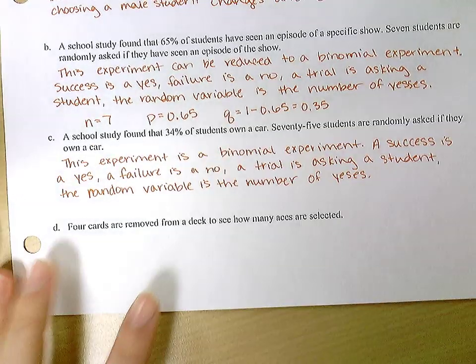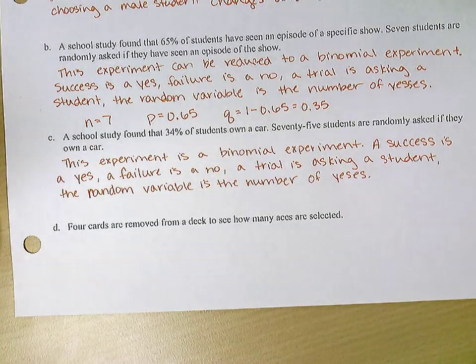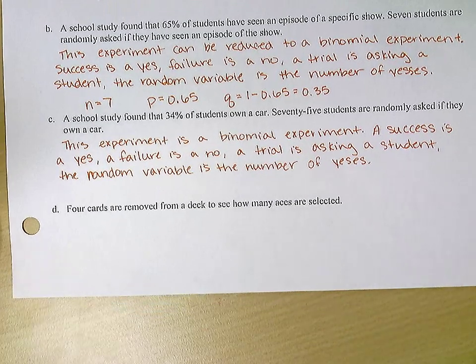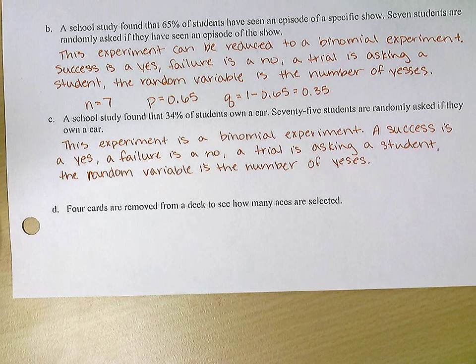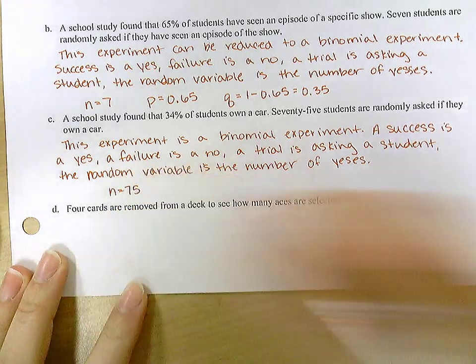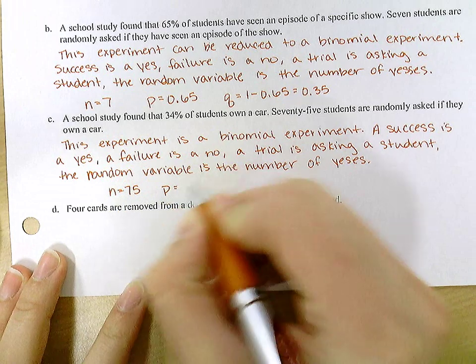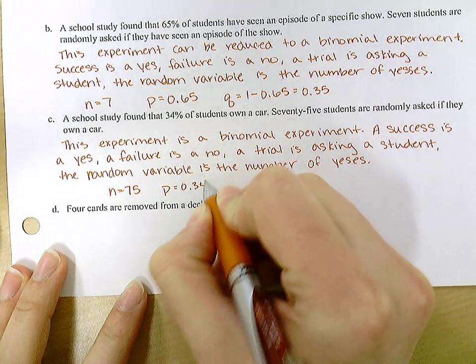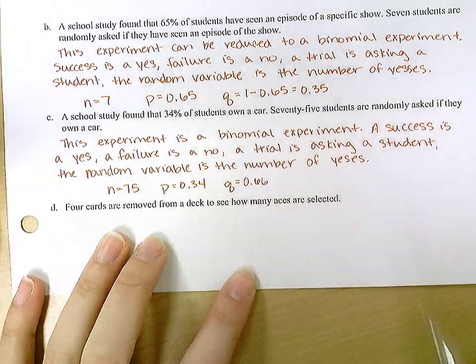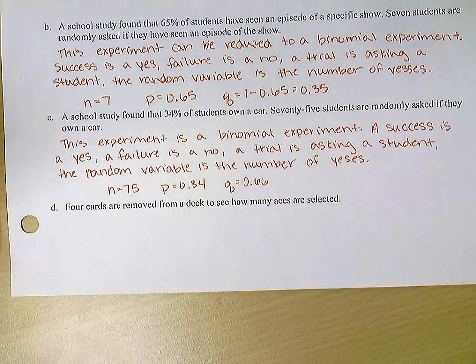Let's just put yes. What are the last three things I need, since this is a binomial experiment? N, P, and Q. What's N? What's P? 0.34. And Q is 0.66. Good.